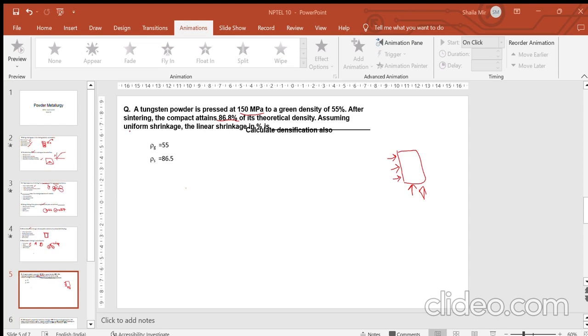So I'll write down the relationship first between the green density and sinter density. You know that the sinter density is equal to your green density.